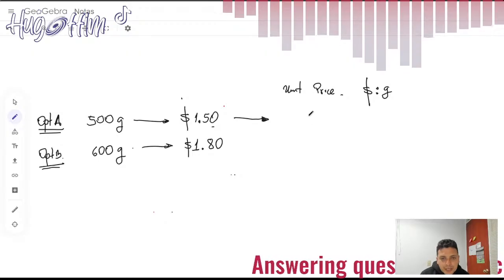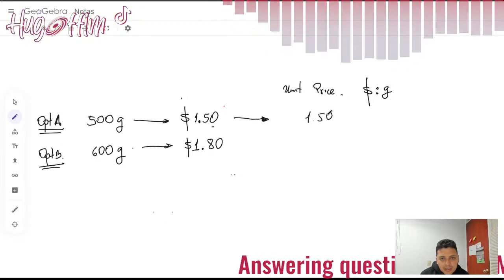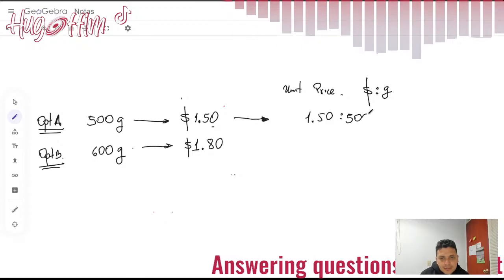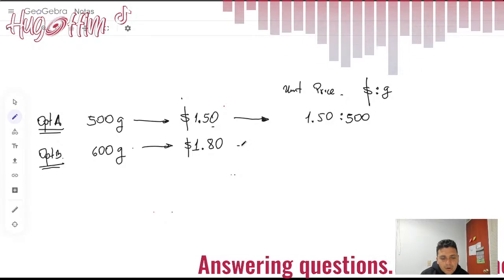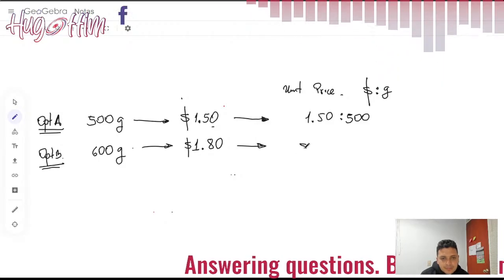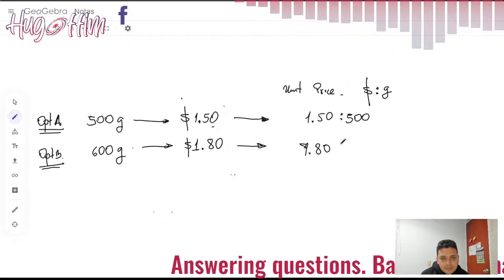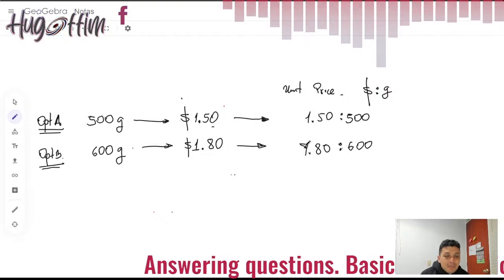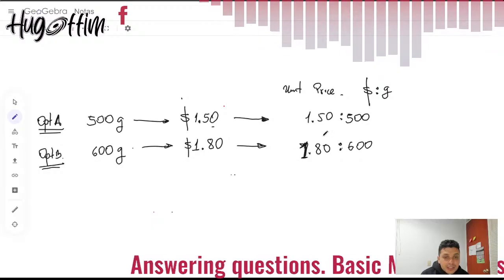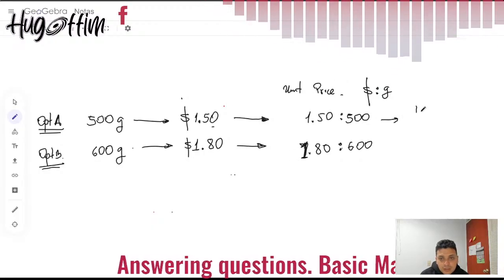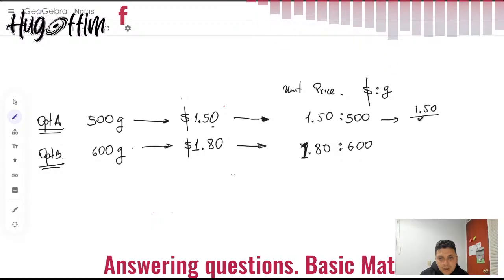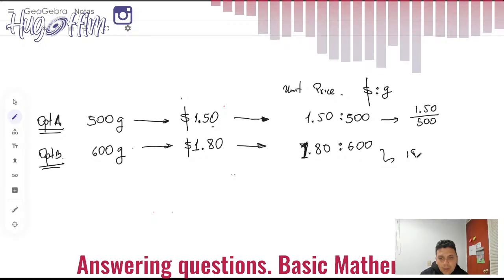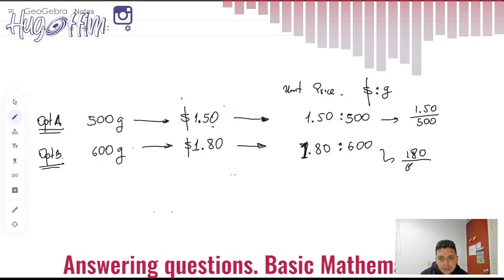So you just need to get the ratio of $1.50 to 500 grams, or $1.80 to 600. Now there are many methods to compare rates because rates are fractions. You can see this as 1.50 over 500 or 1.80 over 600.